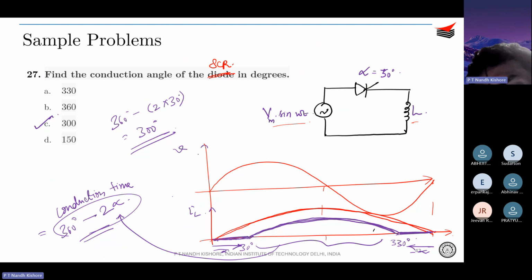But the point is its period of conduction is shifted by alpha, as you can understand. It's an SCR after all. So it will be shifted by 30 degrees here and by 30 degrees here. So this is the conduction, and the conducting angle is 360 minus 2 alpha.